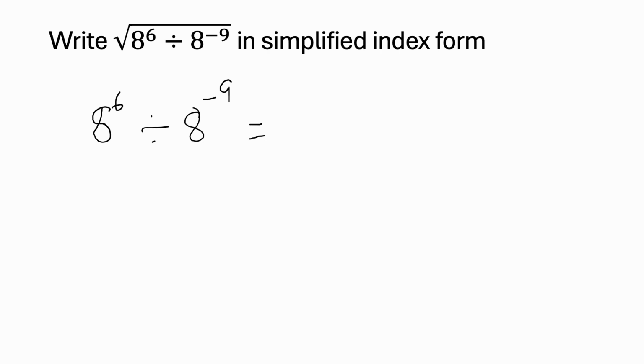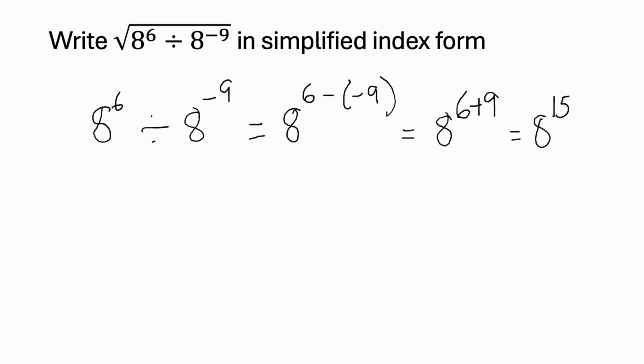So essentially what we're doing is 8 here, and we're doing 6 minus 9. Remember, two negative numbers make a positive, so this negative and negative will actually turn into a plus. So we're going to do 8, 6 plus 9. 6 plus 9 is 15, so it'll be 8 to the power of 15.